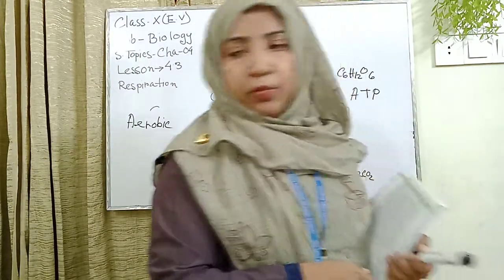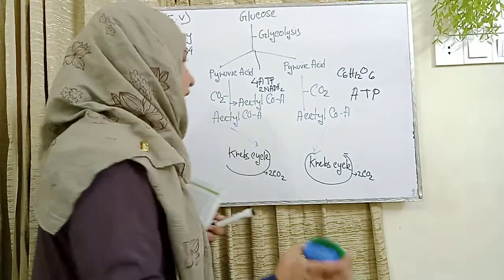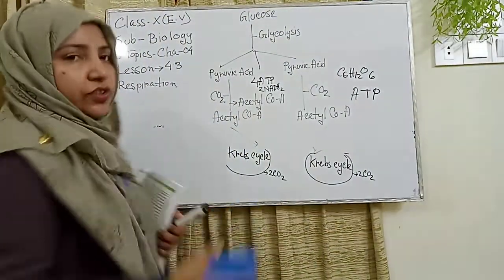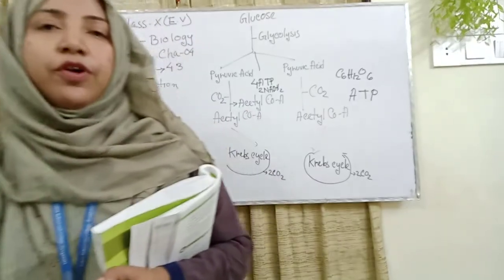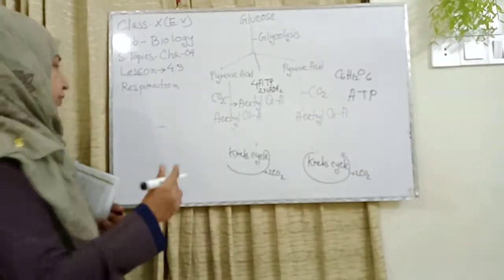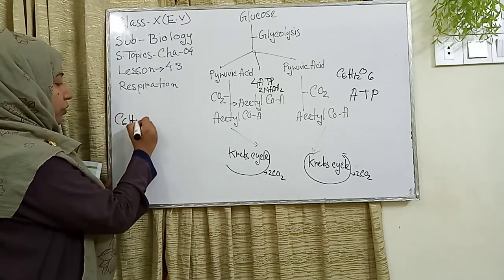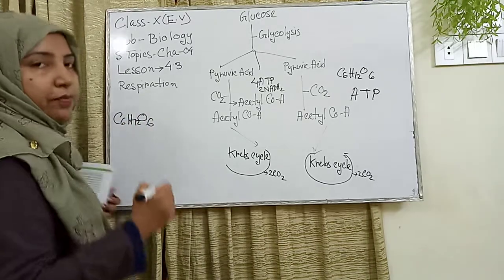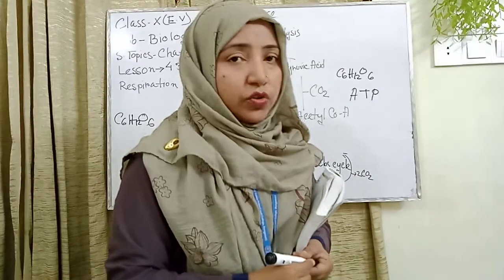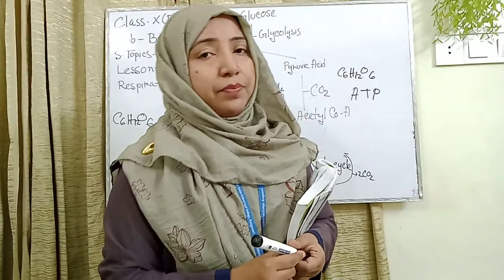Now, the main formula of respiration. First, the potential energy, C6H12O6, which the green plant gets from photosynthesis, as we discussed in the previous class.